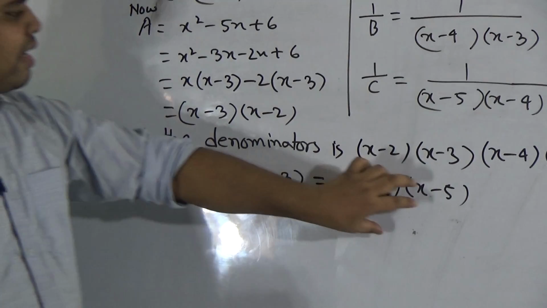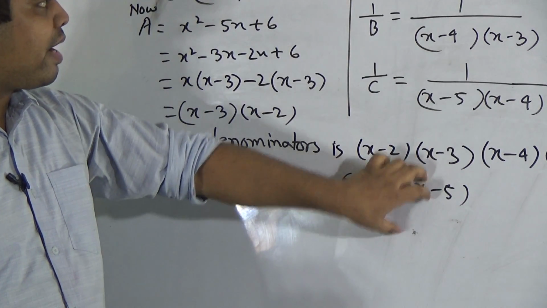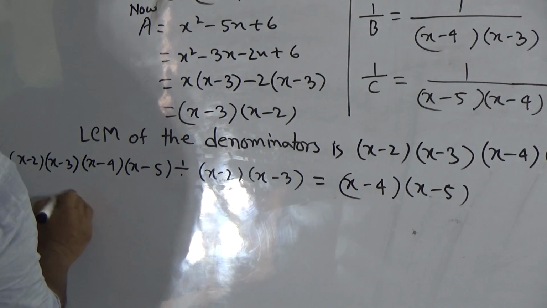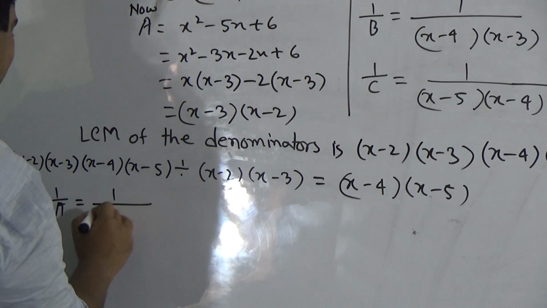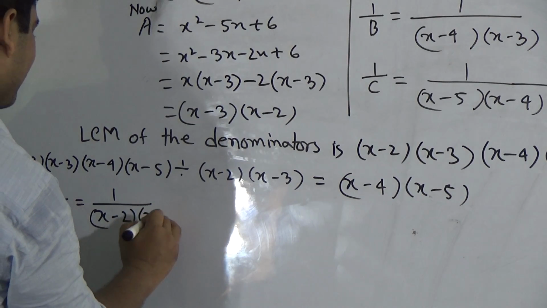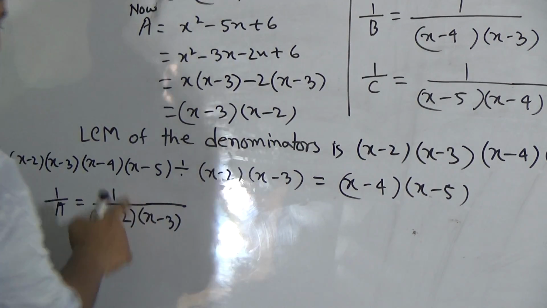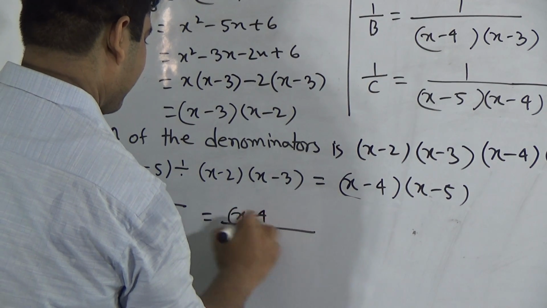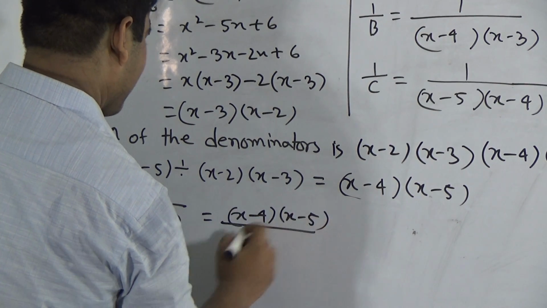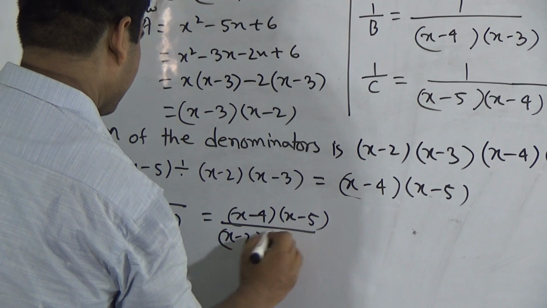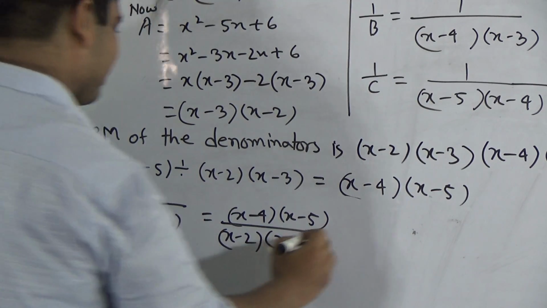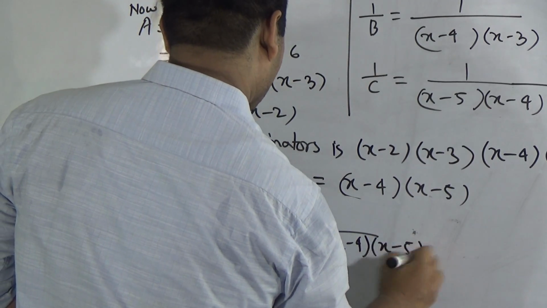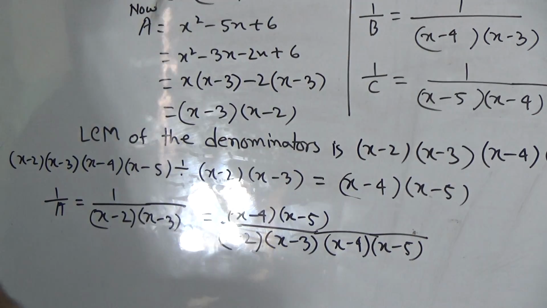Now we multiply this number by numerator and denominator both. So 1 by a equal to 1 by x minus 2 into x minus 3. Multiply both by this one and we get x minus 4 into x minus 5 over x minus 2, x minus 3, x minus 4, x minus 5. So first one is done.